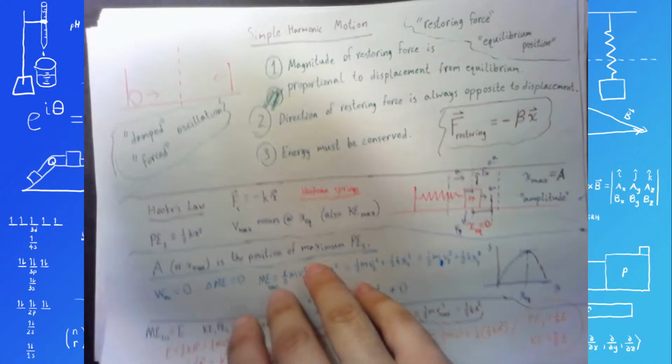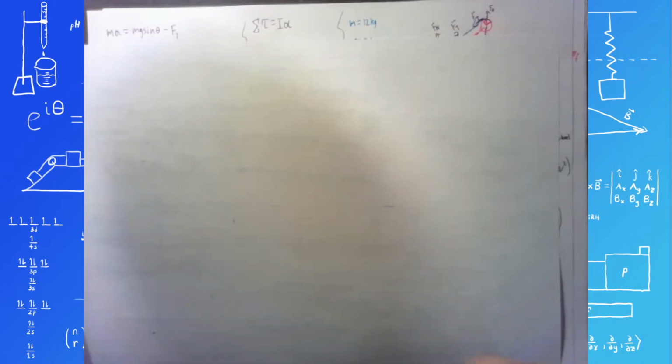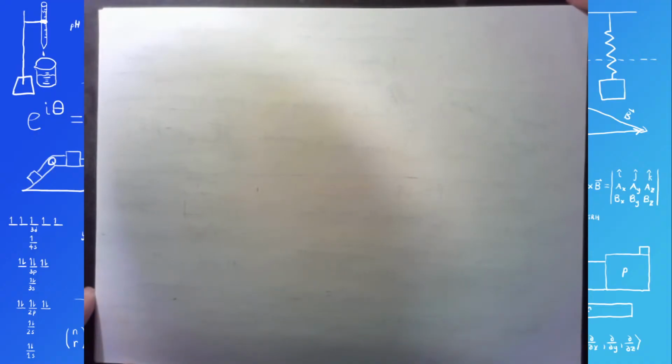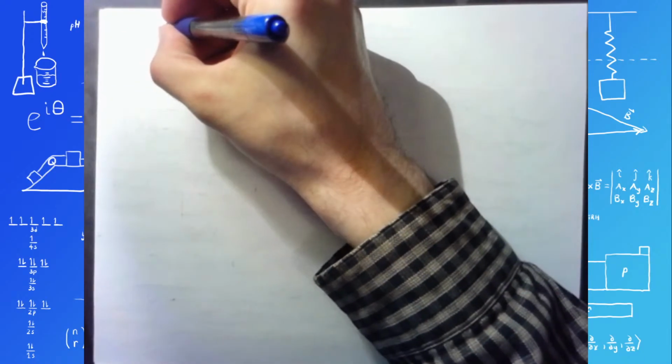Okay, here's a classic. And by classic, I mean I give it to my students every single year. It says a 0.4 kilogram object. So mass is 0.4 kilograms.